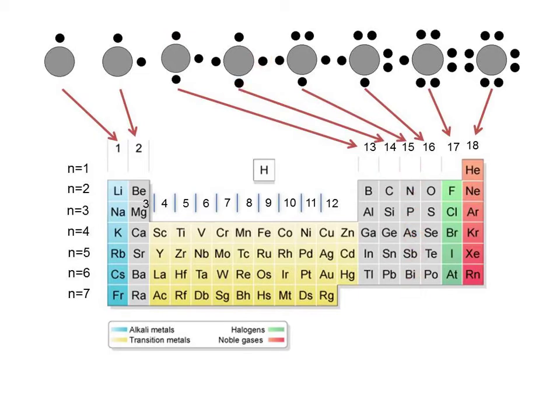Group 15 has 1, 2, 3, 4, 5 valence electrons. Group 16 has 1, 2, 3, 4, 5, 6 valence electrons. Group 17 has 1, 2, 3, 4, 5, 6, 7 valence electrons. And finally, group 18 has all 8 valence electrons.